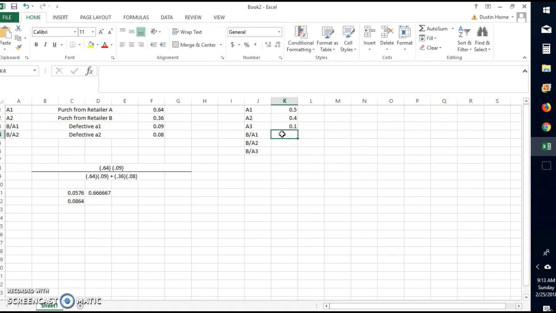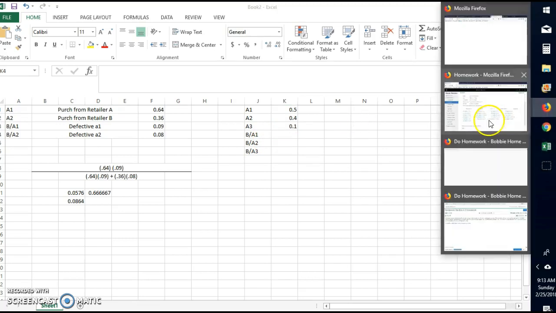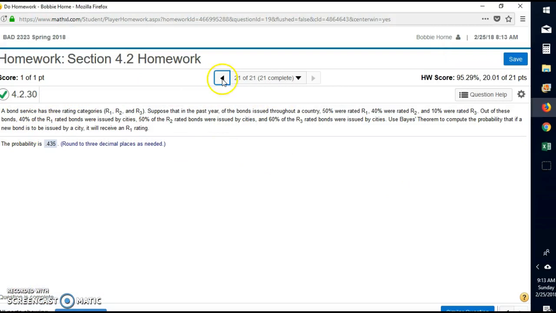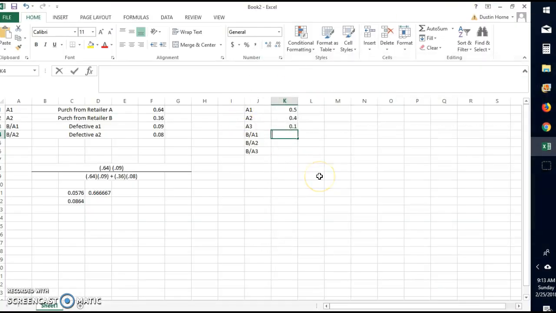And then B is the probability that the bond was issued by a city: 40% of R1 bonds were issued by cities, and then 0.5, and then 0.6. Now this time we're looking at the R1 or the A1 bond, so the probability of A1 is 0.5.